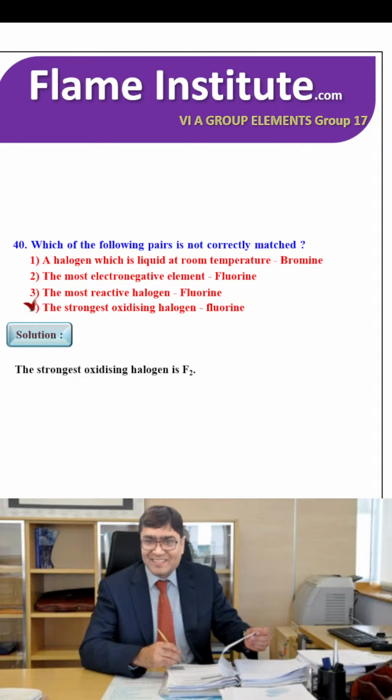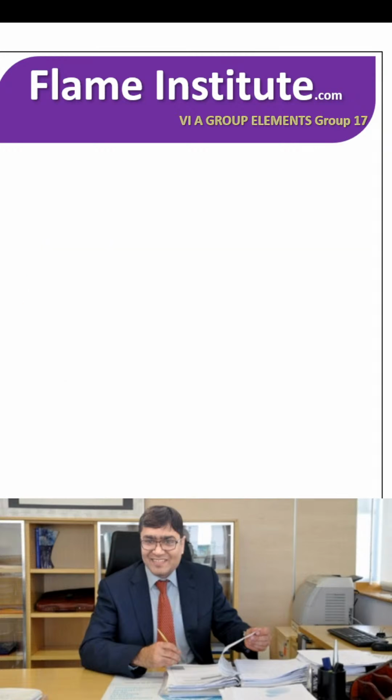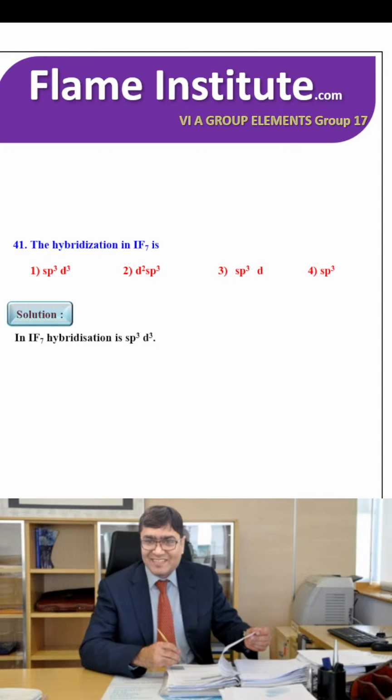So the right option is 4. Hybridization of IF7 is sp3d3, d2sp3, sp3d, or sp3. In IF7, hybridization is sp3d3. So the first option is the right option.